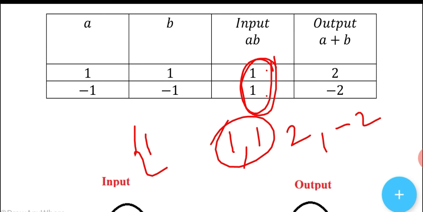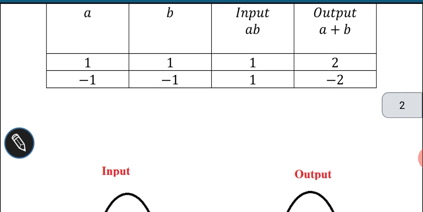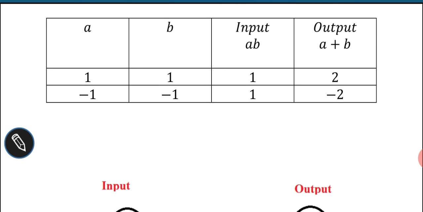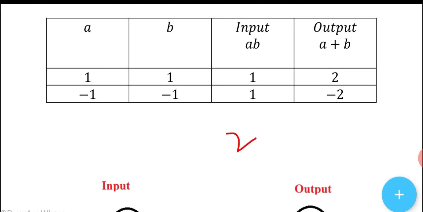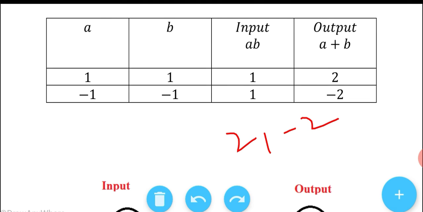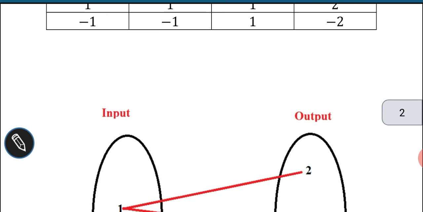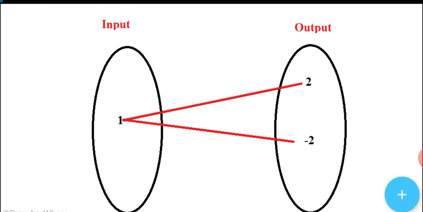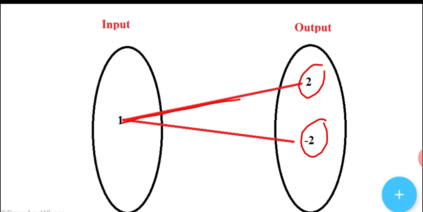So input is 1, but for output we have two different numbers, which are 2 comma minus 2. So in the input we have 1, in the output we have 2 and minus 2. 1 is associated with 2 and 1 is associated with minus 2.